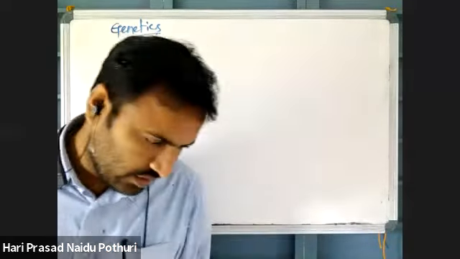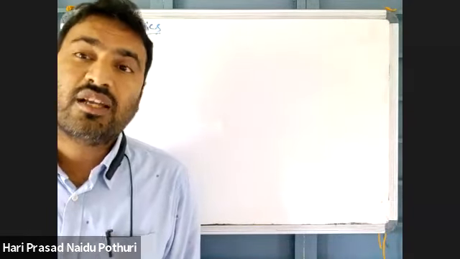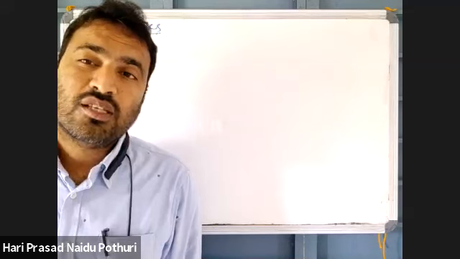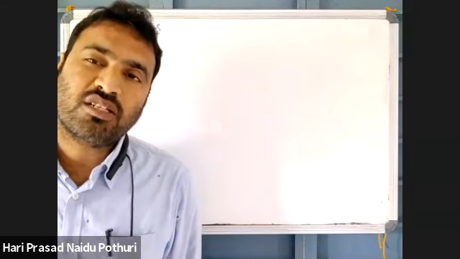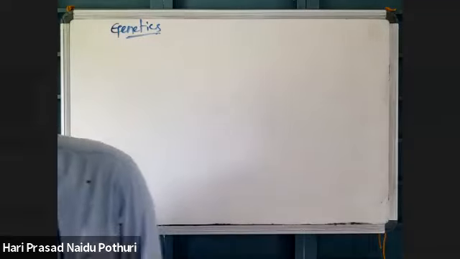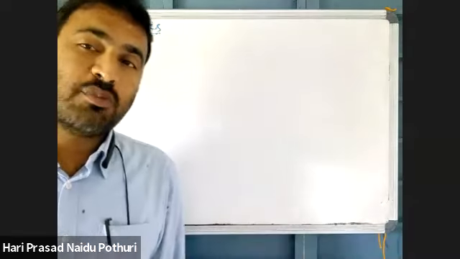Especially in sexual reproduction, cross hybridization or cross pollination, as I told you, will give some advantages like development of new variations. New recombinations are possible and new variations can be developed in what? Cross hybridization or cross pollination.